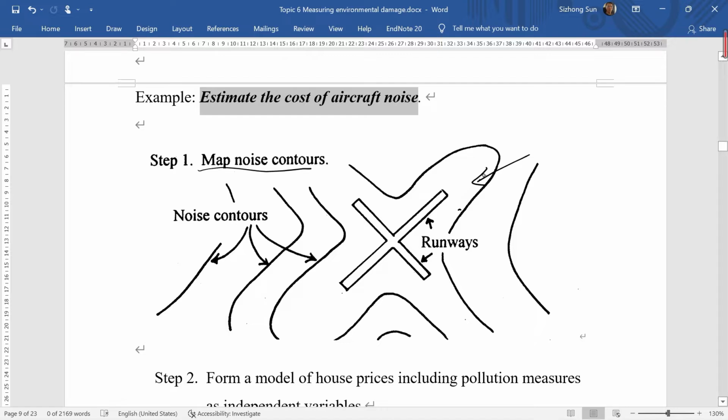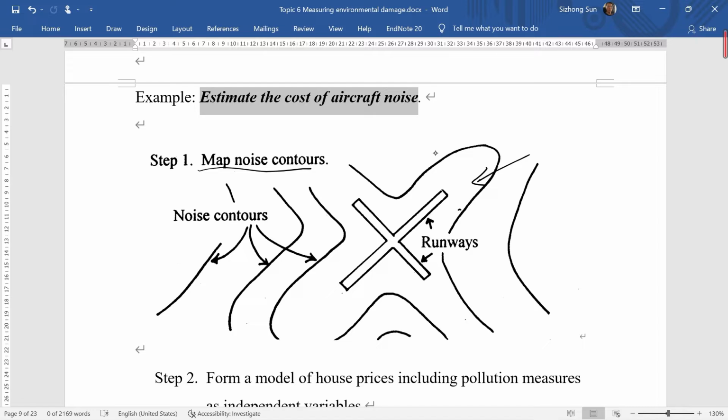For example, the closer we are to the airport, the higher the level of noise. The further away, the less noisy it is. So we can create contours of this.